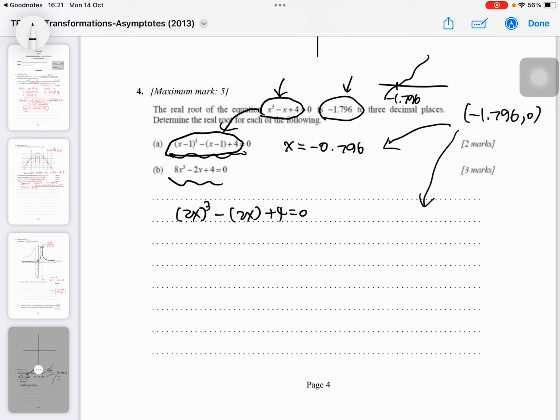So this becomes negative 1.796 over 2, 0. So negative 0.898, 0. So this will be the x-intercept. Therefore, the real root becomes negative 0.898.